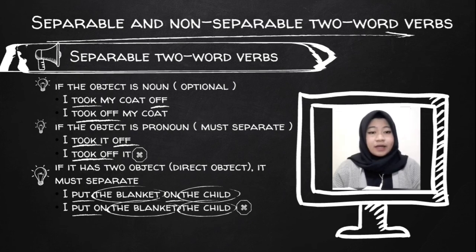But what if I say I put on the blanket and the child? I put on the blanket, the child. That doesn't sound right. So, if it has two direct objects, the phrasal verb must separate.